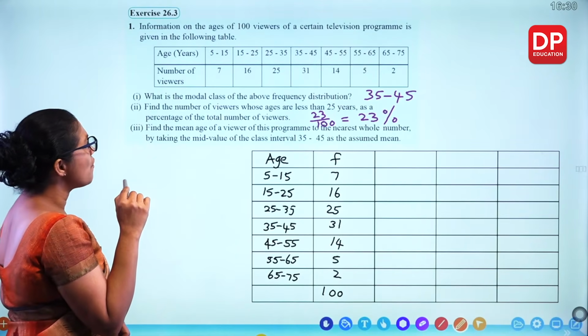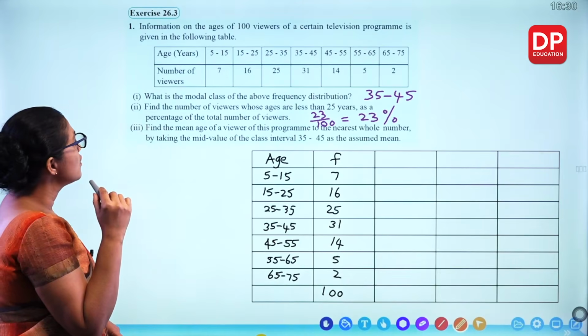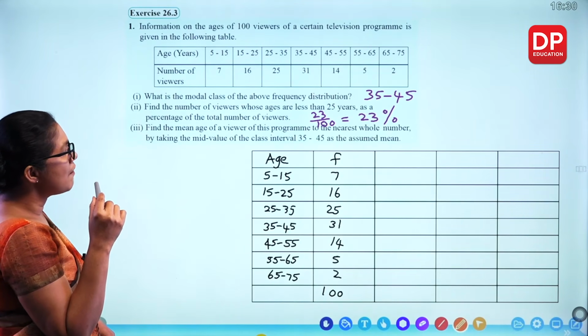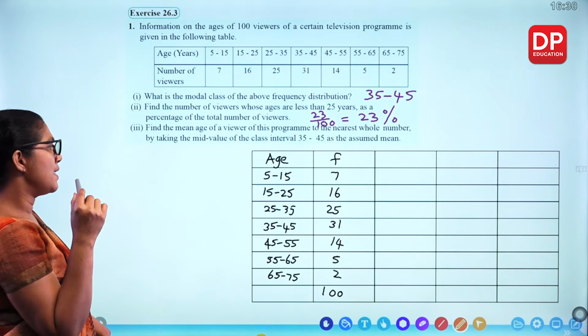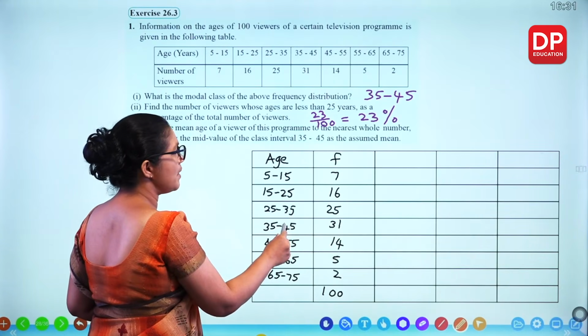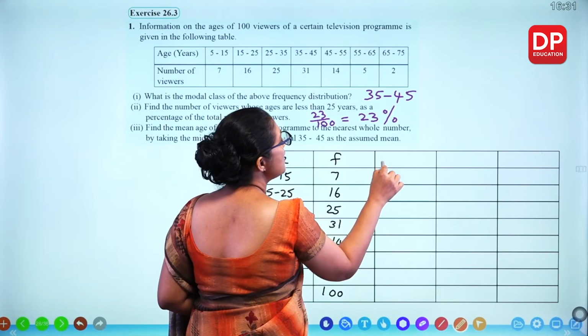Find the mean age of a viewer of this program to the nearest whole number. So find the mean by taking the mid value of the class interval 35 to 45 as the assumed mean. What is the first step? You have to calculate the mid value.